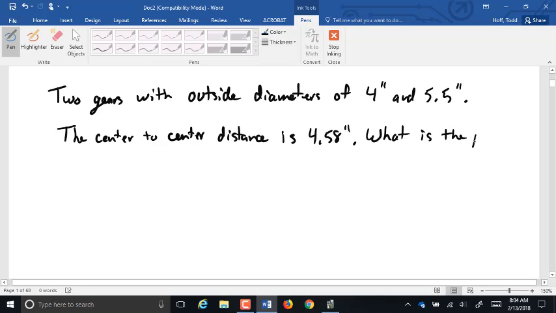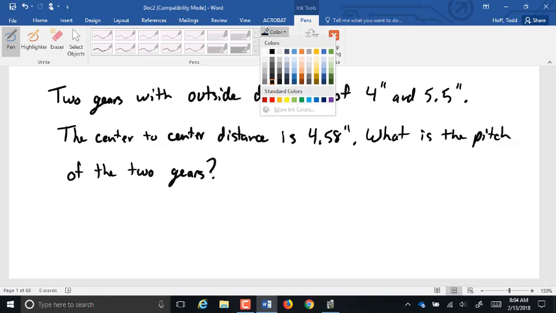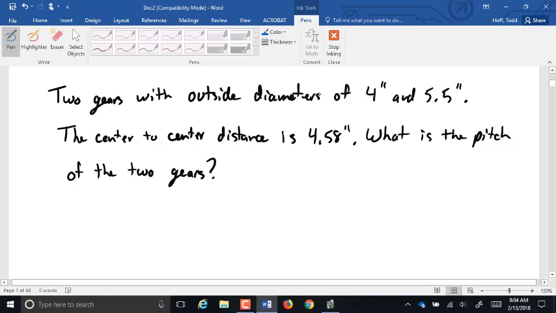What is the pitch of the 2 gears? Obviously, both of them better have the same pitch because they're meshing together. Now, looking at this, it looks like we don't have the information we need, but we do.